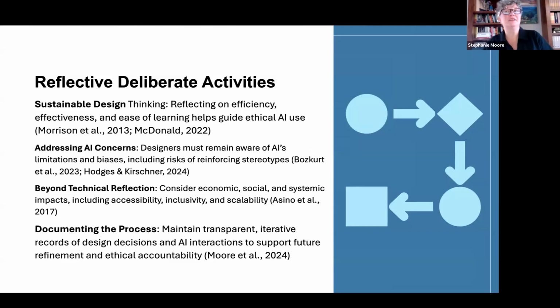So, some various reflective deliberative activities that we see designers using. Sustainable design thinking, so reflecting on what's the efficiency, the effectiveness, and the ease of learning can help guide some of those ethical considerations, or at least inform that. Certainly addressing AI concerns.